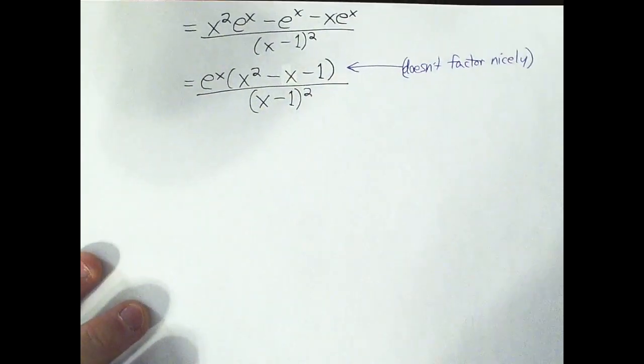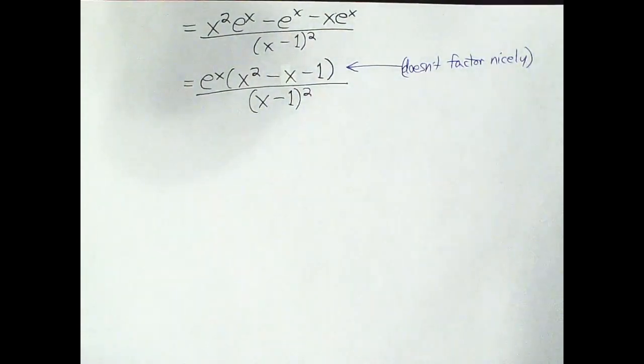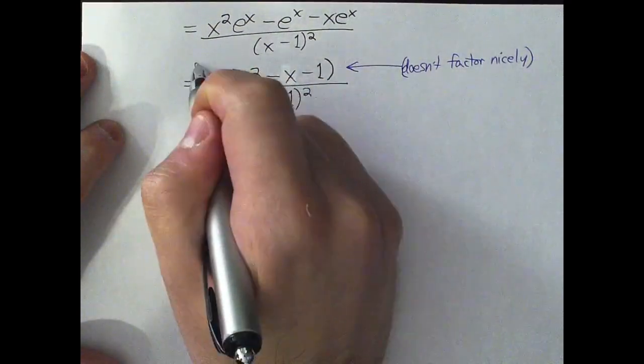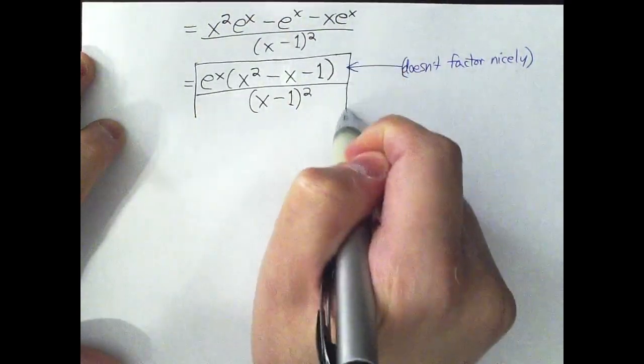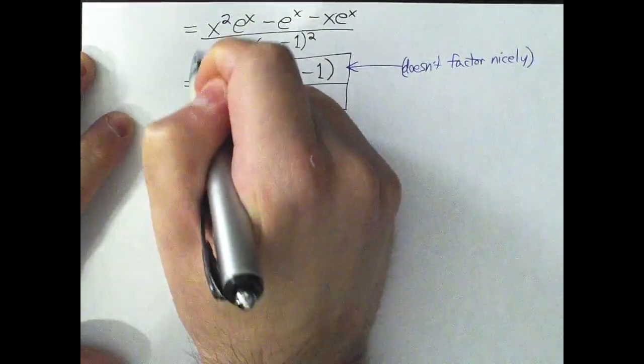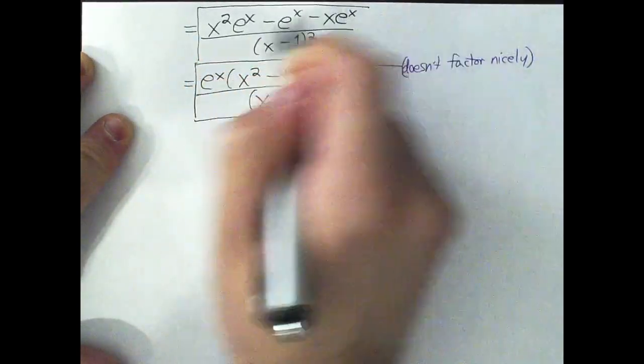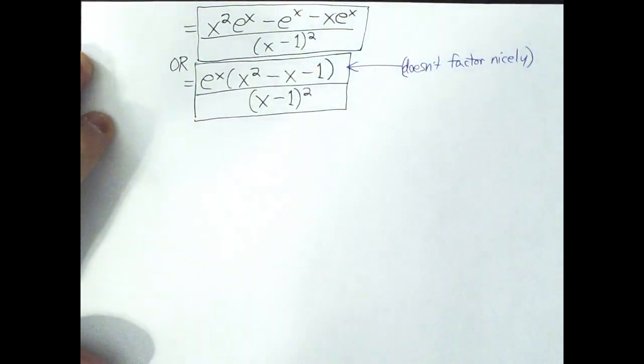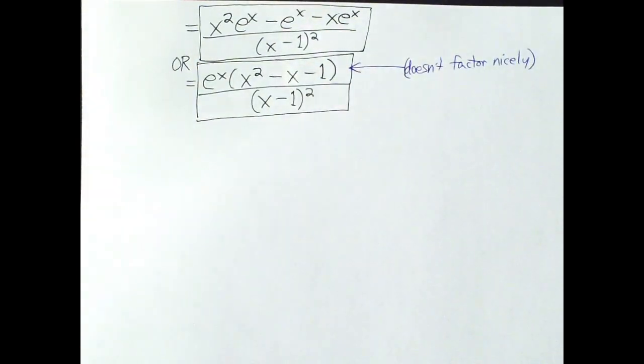What do you do when something doesn't factor? You just don't factor it. You leave it. So I'm going to say that for this problem, this is a good answer. Or if you wanted to stop a step earlier, that's fine too. Either one of these is good. We went pretty far with simplifying it, so I'm happy with either of those.